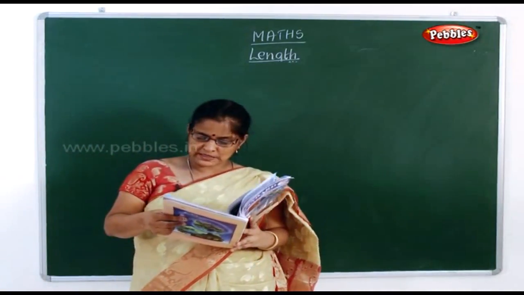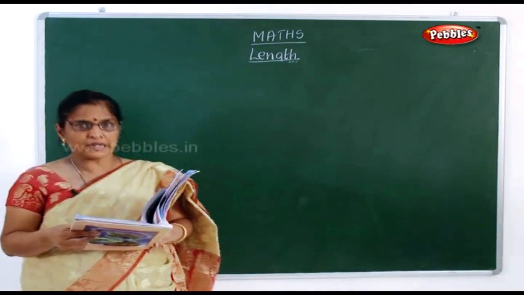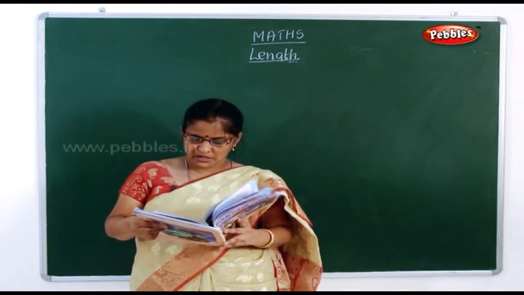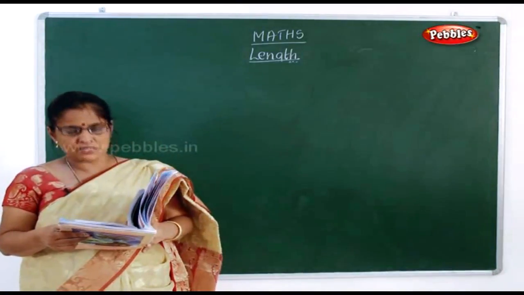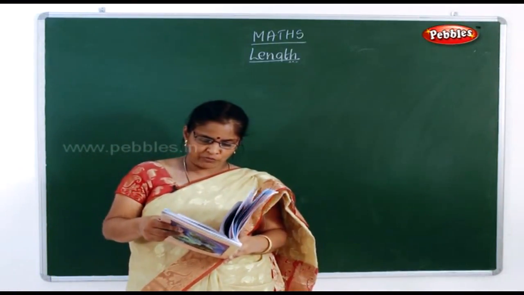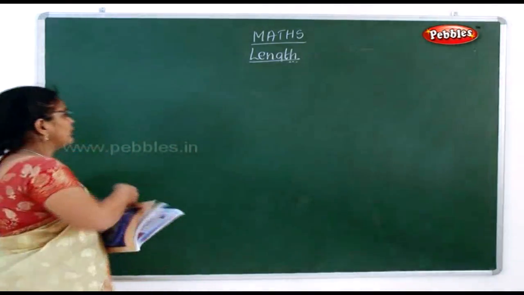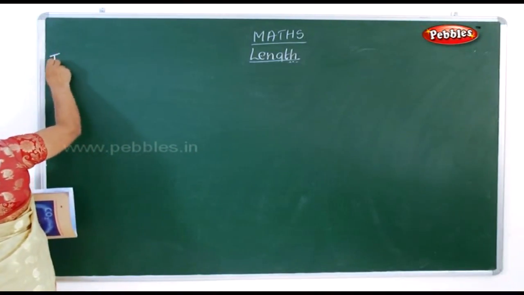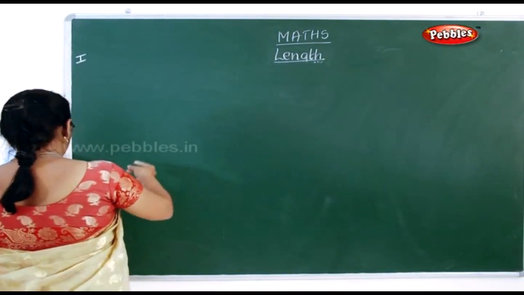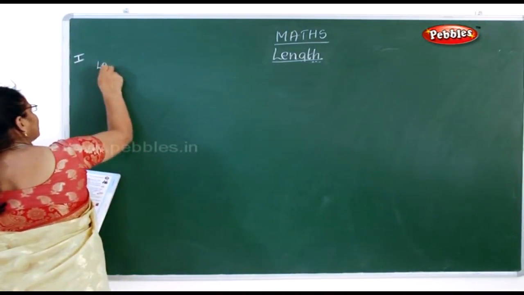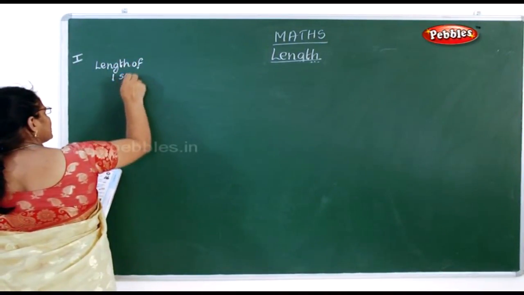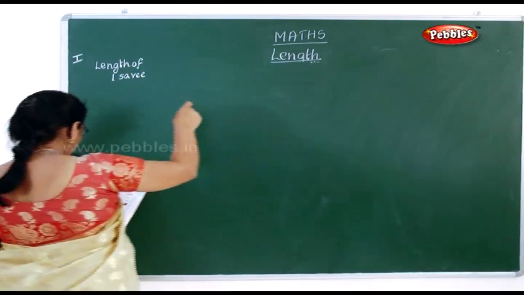Mother bought 2 saris and the length of one sari was 6 meter and 50 centimeter and the other was 5 meter and 50 centimeter. What is the total length of both saris?